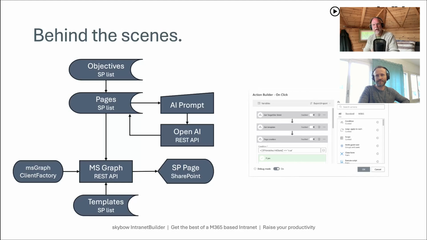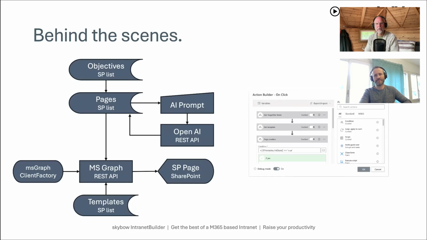You can see what our major aims are, and all communication, or a good part of the communication, should be aligned to those objectives. Then when you create such a page, as you saw in that planning section, that page is stored in a SharePoint list called pages.